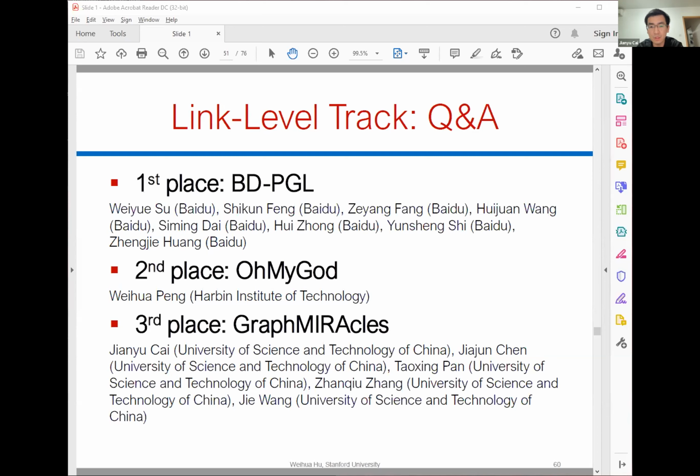The second, which I believe is also a very interesting point in this competition, is that it provides the Roberta embedding, which encodes the textual information of the entities and relations. This is not so frequently seen in past papers or tasks in link prediction.